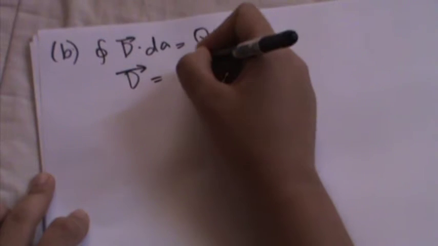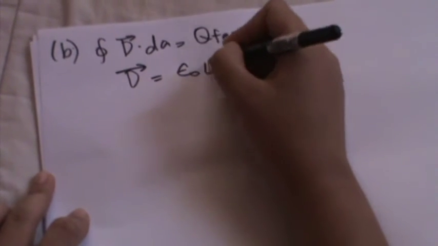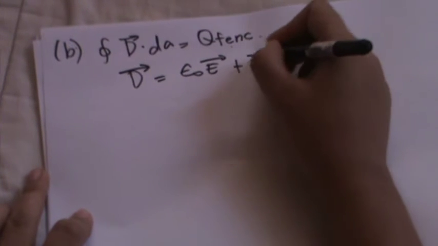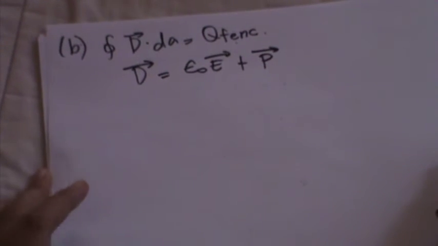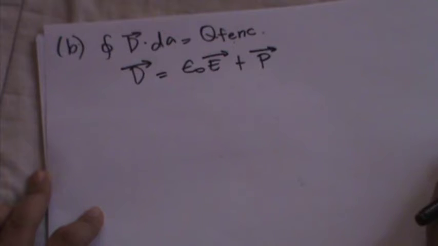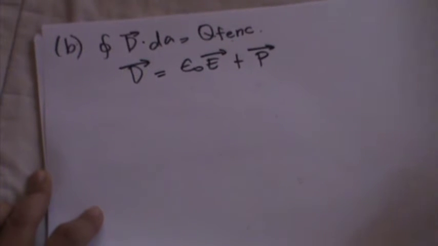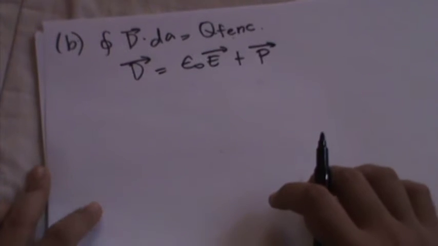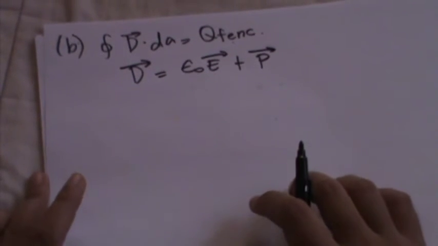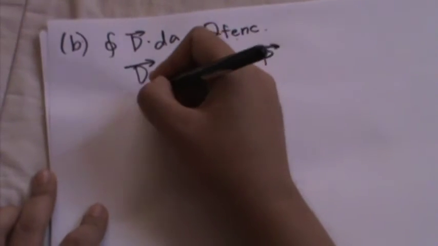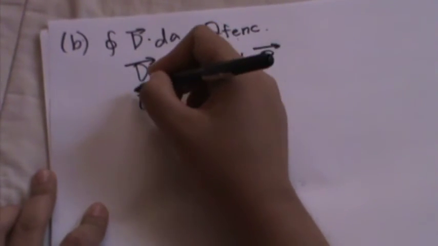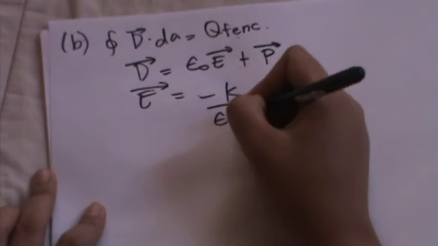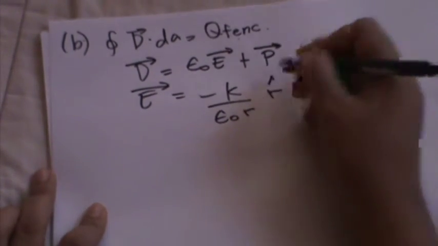D is equal to epsilon naught electric field plus the vector P. And also we will not forget the equation we solved earlier in the first method. So we'll just put it here. Vector E is equal to negative k over epsilon naught r hat.